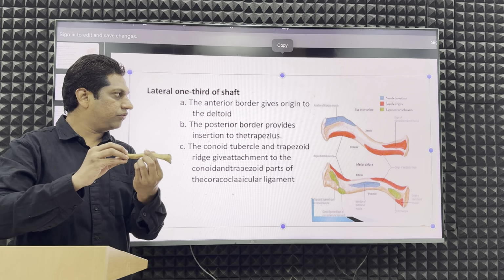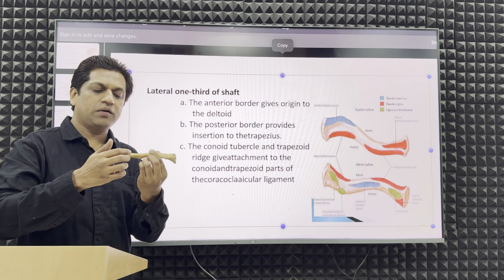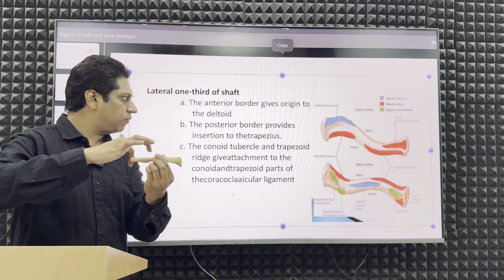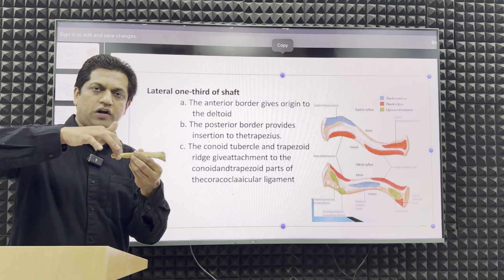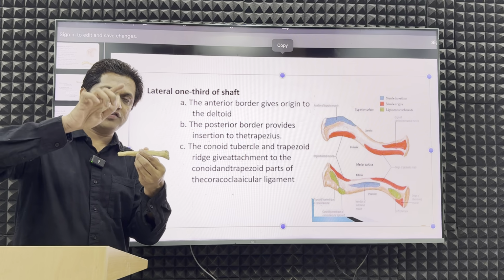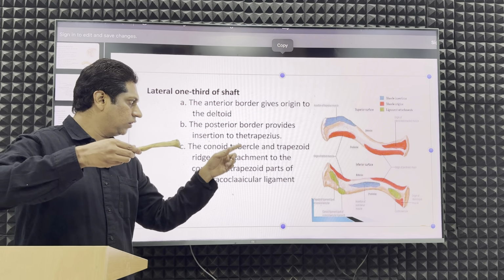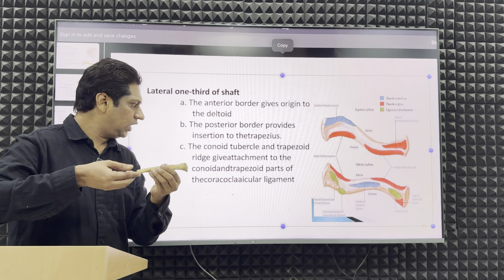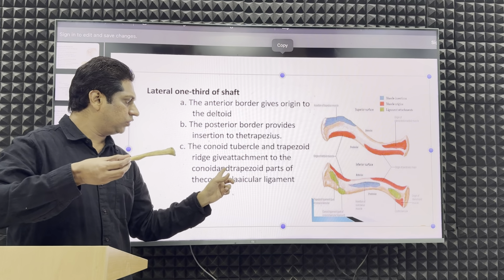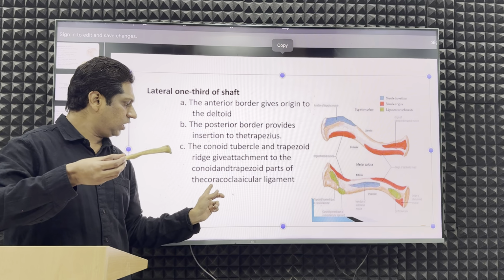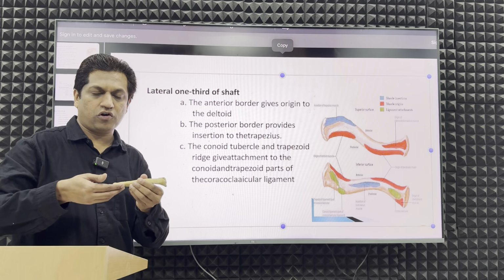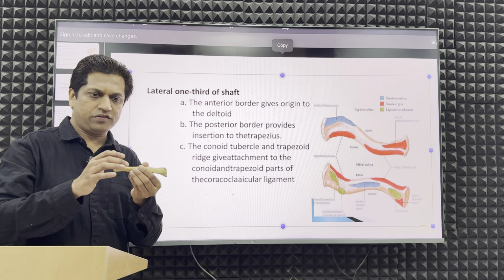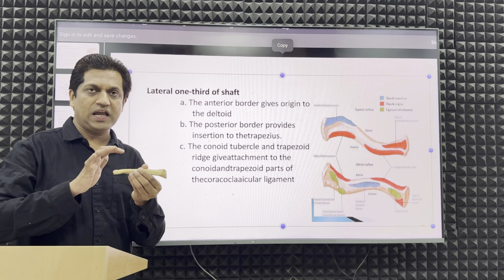The posterior border gives insertion to the trapezius muscle. So, anteriorly deltoid, posteriorly trapezius, D and T. The conoid tubercle and trapezoid ridge give attachment to the conoid and trapezoid parts of the coracoclavicular ligament. Remember two important muscles, deltoid and trapezius, D and T.